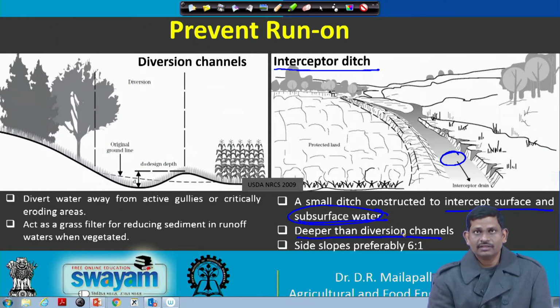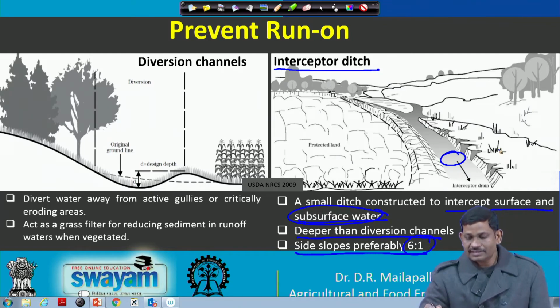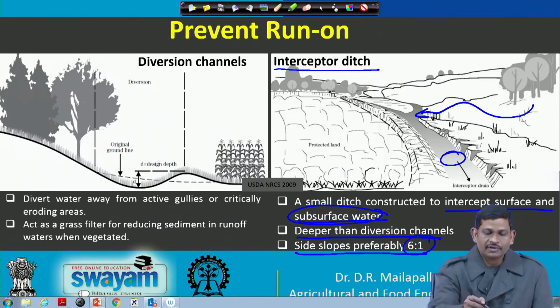The side slopes are generally 6:1. This is adjacent to the contours, and whatever water runs off from the upstream will be collected through these interceptor ditches and disposed of to a safe outlet.